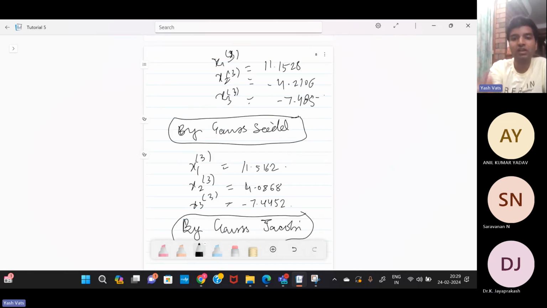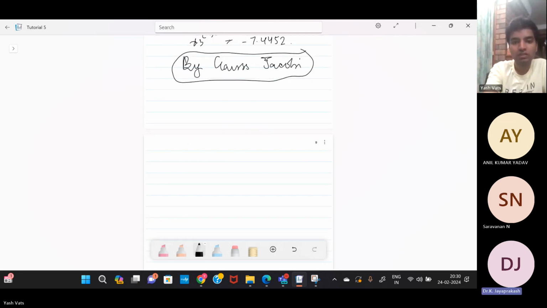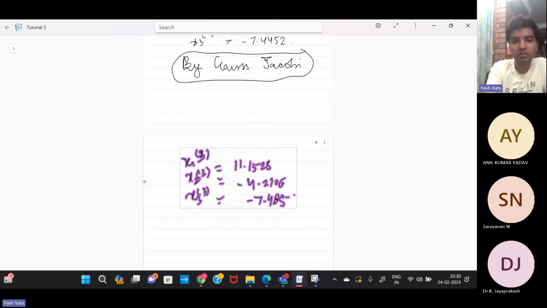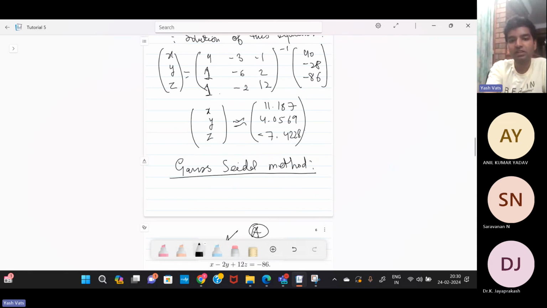By Gauss-Jacobi, you have this. Okay, and what are the exact values? What are the exact values?